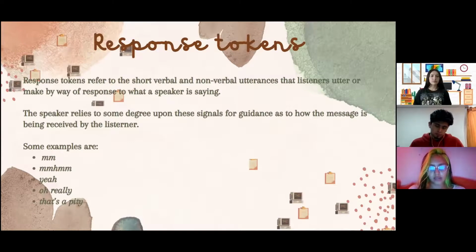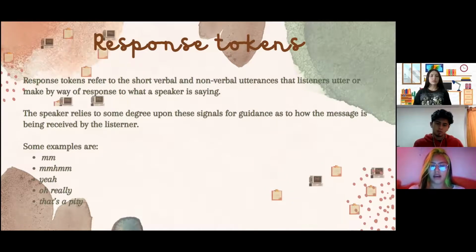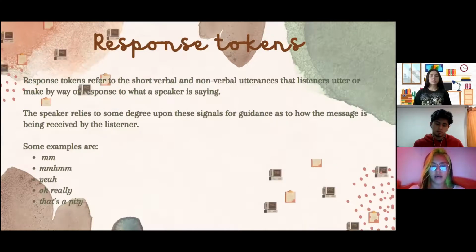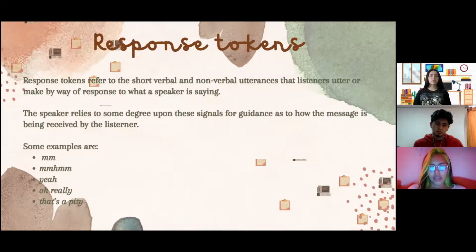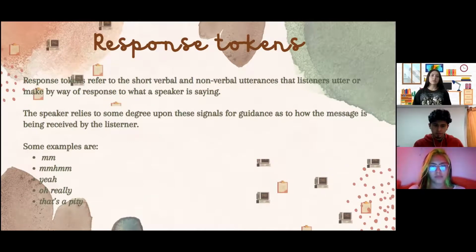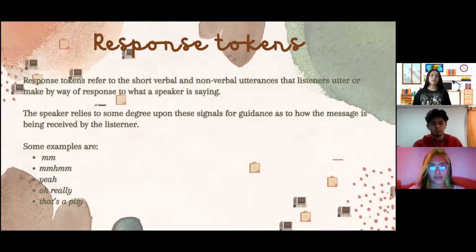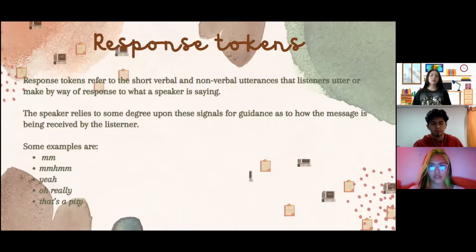Now we have response tokens. This refers to short phrases such as "yeah" or "really." This is when people want to respond with short verbal and non-verbal utterances.